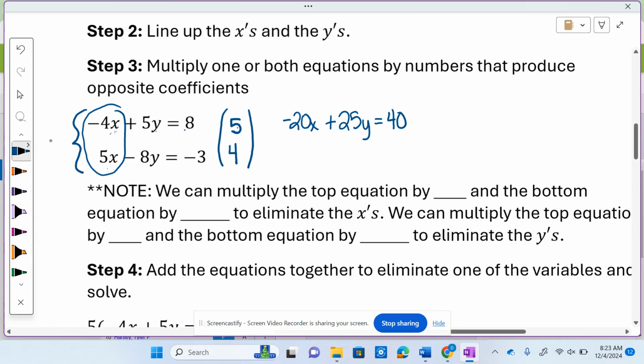The bottom equation, 4 times 5x is a positive 20x. 4 times -8 is -32, so that gives me -32y. And 4 times -3 is -12. So we can multiply the top equation by 5 and the bottom equation by 4 to eliminate the x's.